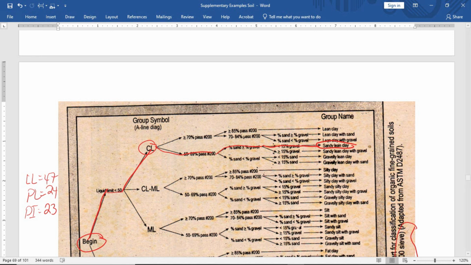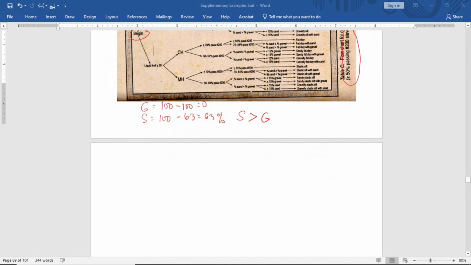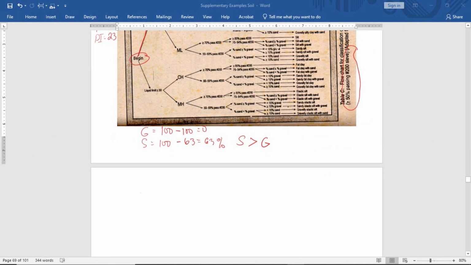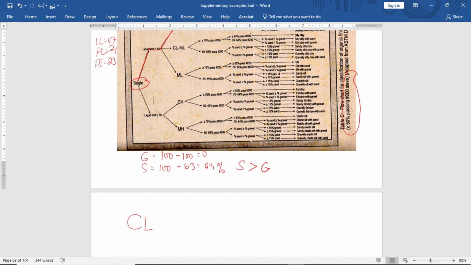CL, sandy lean clay. Therefore, we can say that soil C is CL with sandy lean clay.